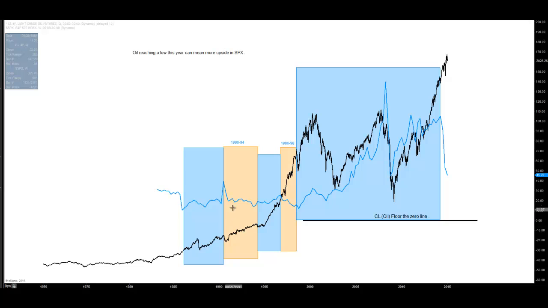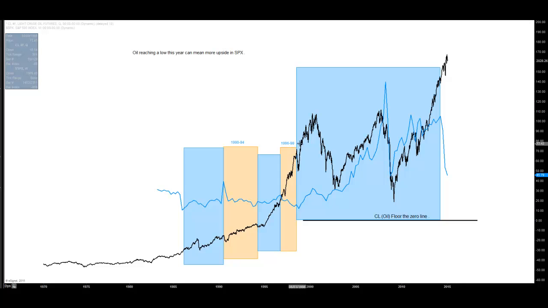Now the one in orange is when oil trades lower and the S&P trades higher. If we look at data that comes from 1986, this suggests that out of almost 30 years of data, only from 1990 to 1994, and from 1996 to 1998, six years, oil and the S&P traded in what looks to be an inverse correlation.